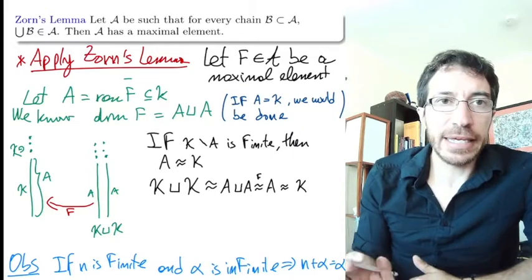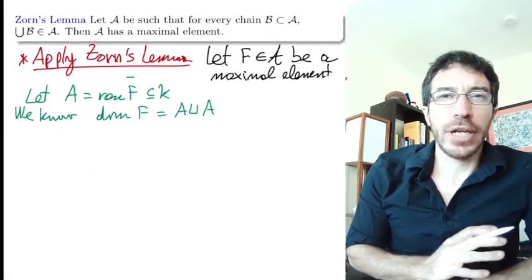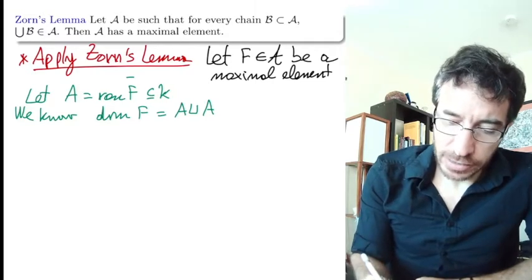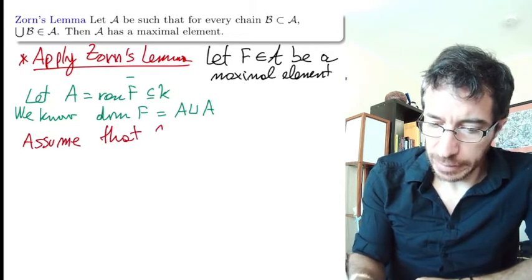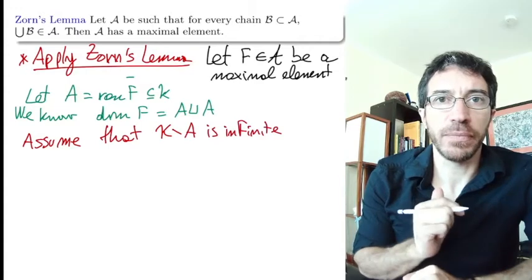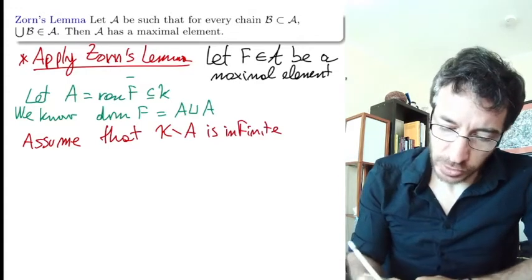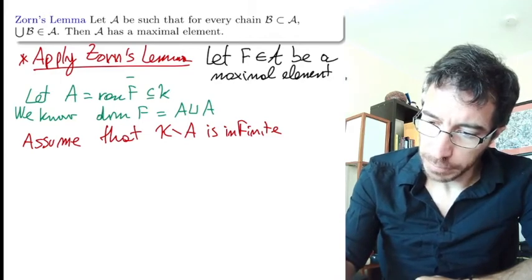So now the claim is that this has to be finite. So let's prove that claim. For that, we're going to assume towards a contradiction that kappa minus A is infinite, and we are going to get a contradiction from that. So what do we have? Let's draw the same picture we had before again, but now with the infinite case.